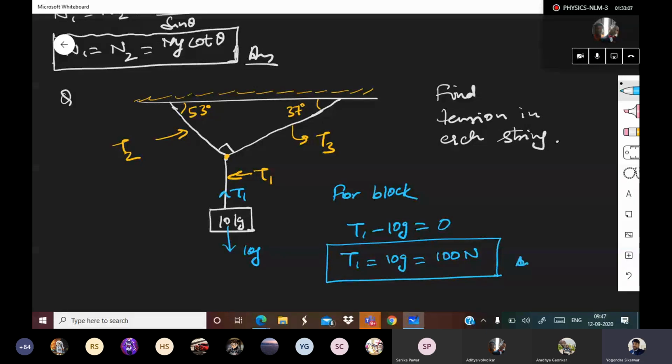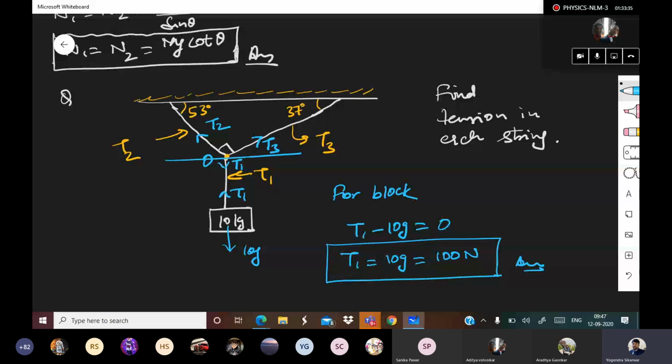Now let us talk about point O. At point O, I am mentioning forces only. So T1 will be here, T3 will be here, and T2 will be here.